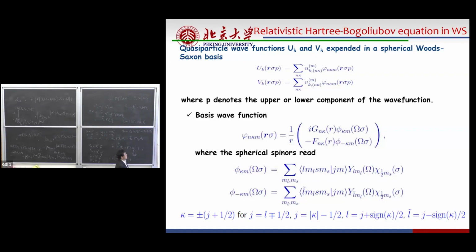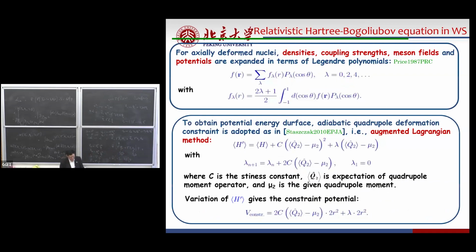The Dirac basis we could solve in coordinate space, and then use that numerically as a basis to solve the equation. When we expand the wave function in terms of this spherical case, we must be very careful how many terms we should take into account, or what the cutoff energy is. We must prove their convergence.